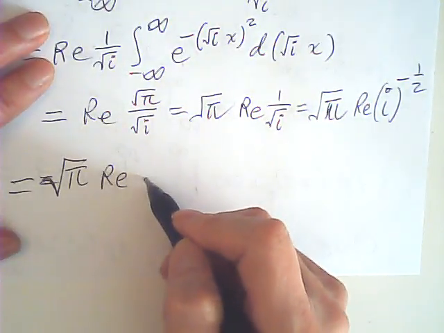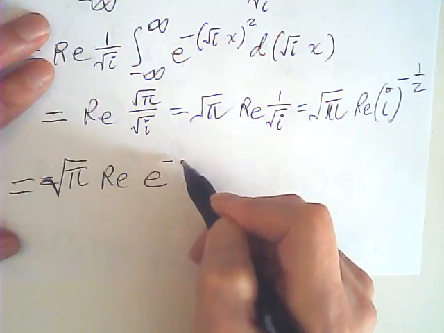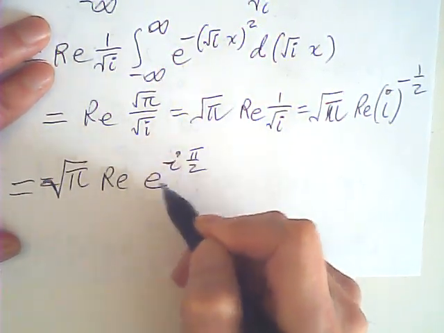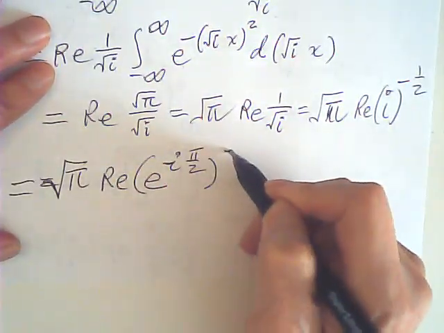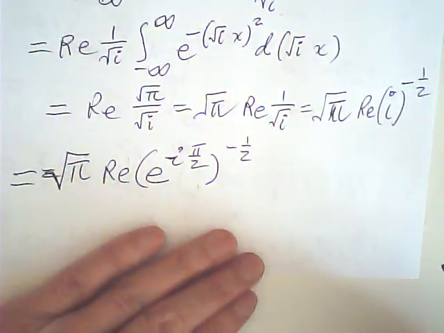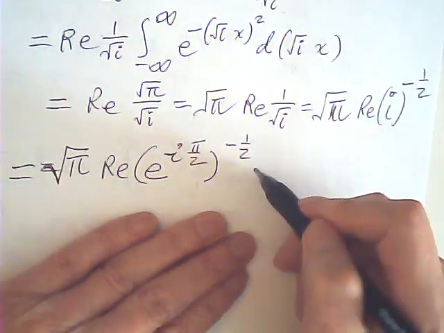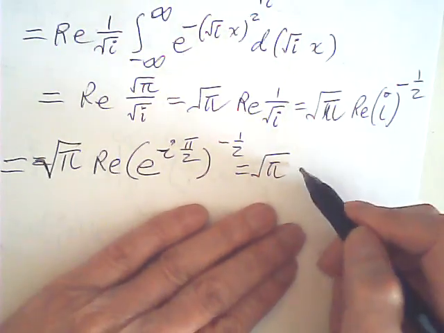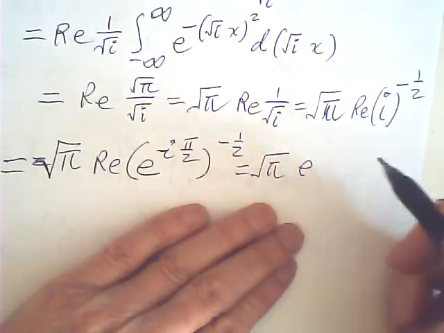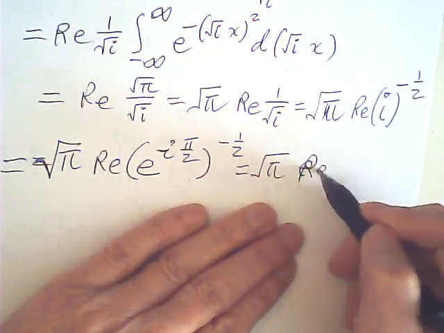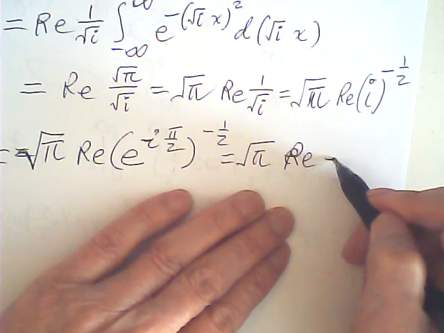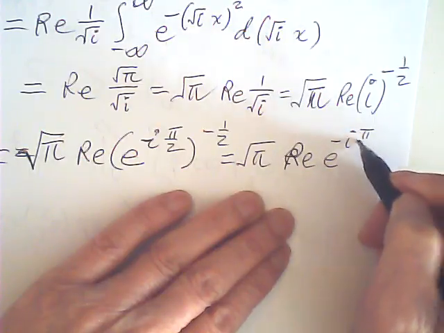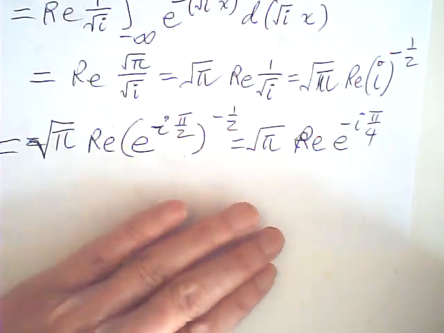Well, i is equal to e to the i half pi, right? Negative half. So this is equal to root pi, the real part of e to the negative i quarter pi.